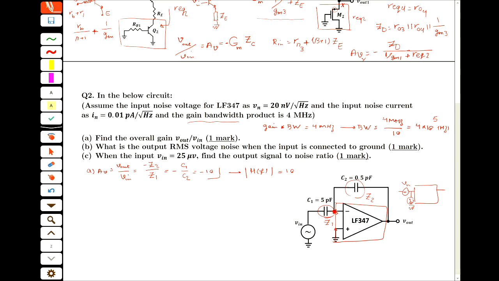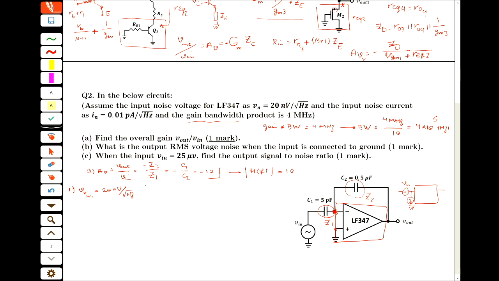For the Vn, so for part B, first the noise of the Vn in the output. So the Vn in 1, I say, is 20 nanovolt divided by the square root of hertz.